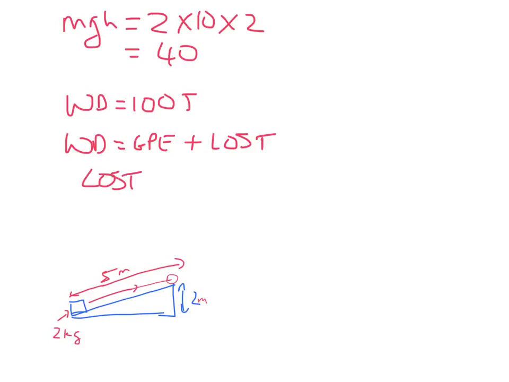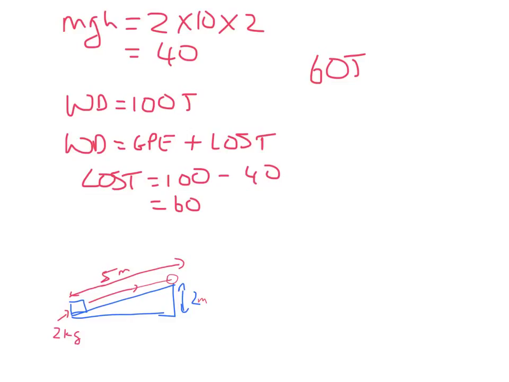In this case it will be 100 minus 40, which is 60. Now, we know that the energy lost to friction is 60, right? The reason being, I have told you the work done is 100 joules. We could work this out, but I just told you this to begin with. So therefore, 60 joules is lost by friction.